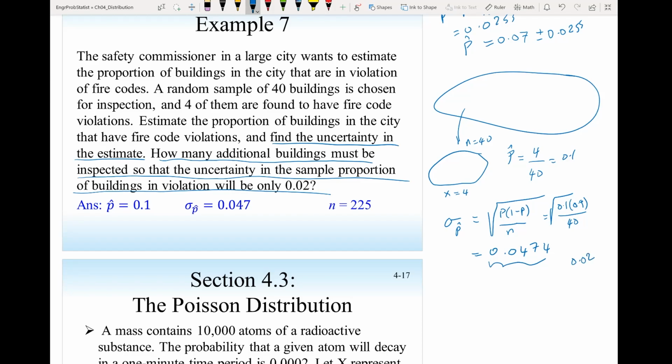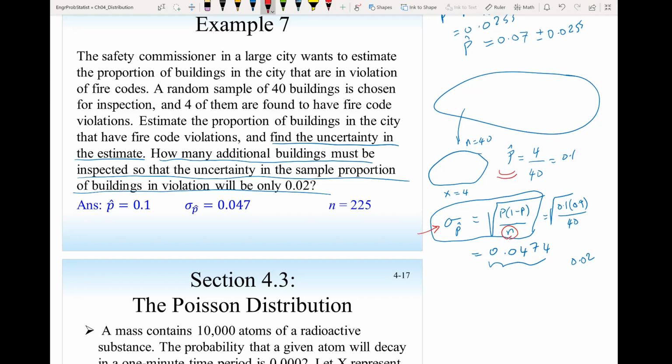So what can we do? If we look at the definition here, the only thing we can change to make the uncertainty very small is the number of trials, or in this case, the number of houses we need to test, which makes sense. The larger the number of houses you test, your estimation will be better and the uncertainty will be less.